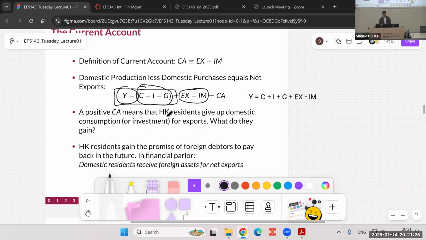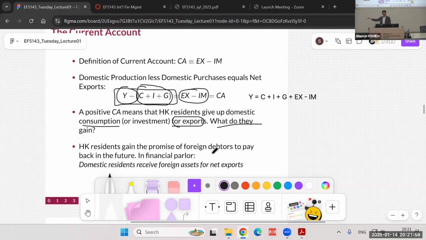So if I have a positive current account, it means, for example for Hong Kong residents, that people living in Hong Kong are giving up domestic consumption, right? They're not consuming what they produce. They're setting it aside and shipping it out, giving it to somebody else who wants it today. So what do they gain from doing this? As I tried to explain to you, savings can be in financial terms or in real terms. If I export something, I'm saving today.